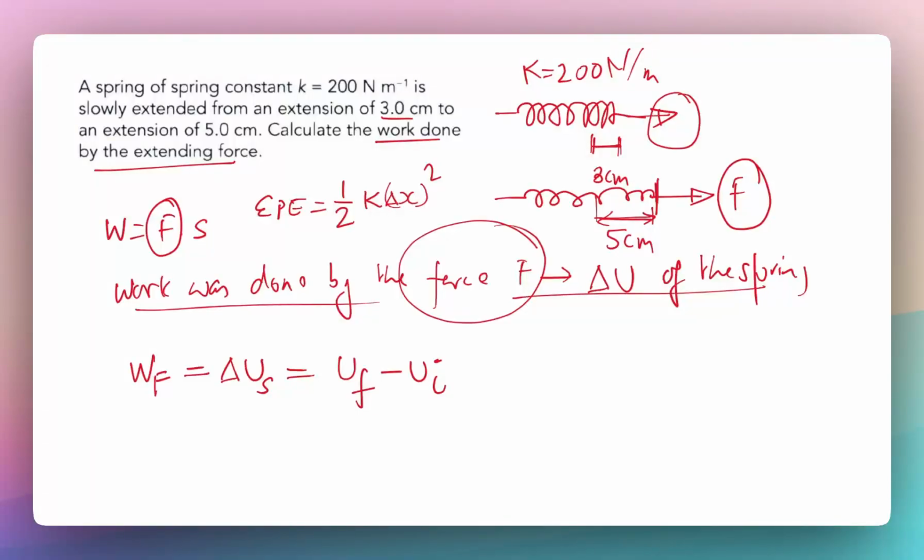So let's find out UF and UI separately and then basically do the subtraction to find how much is the work done, okay? Let's find the UF first, so that will be easier. So half into K into delta X square, okay? So half into K is given to be 200 and the final delta X is given to be 5 centimeters, right? So 5 by 100 or 0.05, okay?